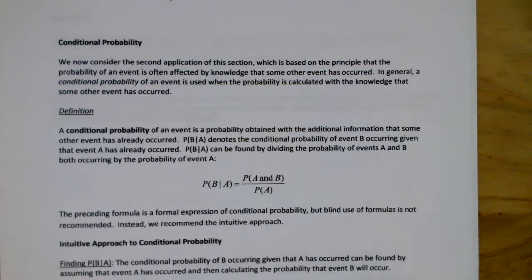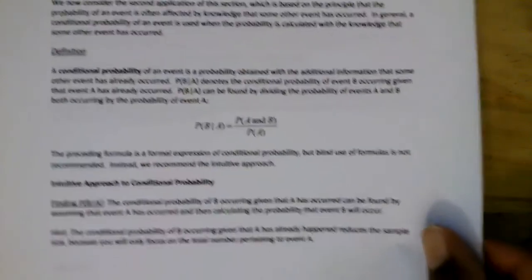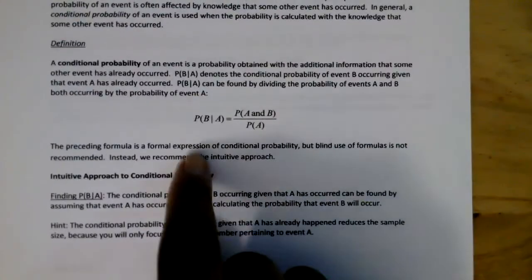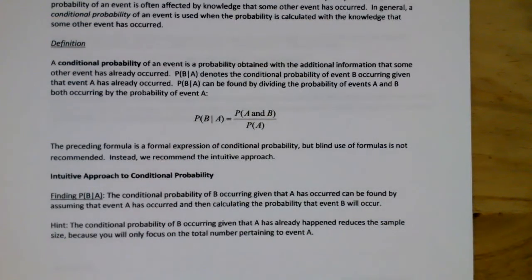We can find the probability of event B given A by dividing the probability of events A and B both occurring by the probability of event A. That's the formula we use to find the probability of event B given that A has occurred.